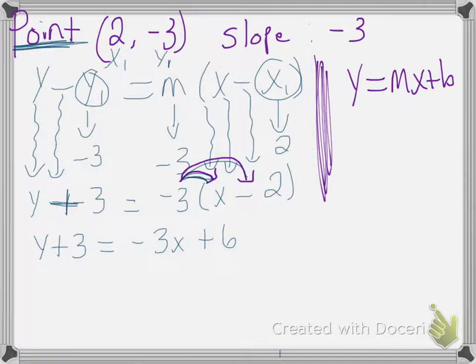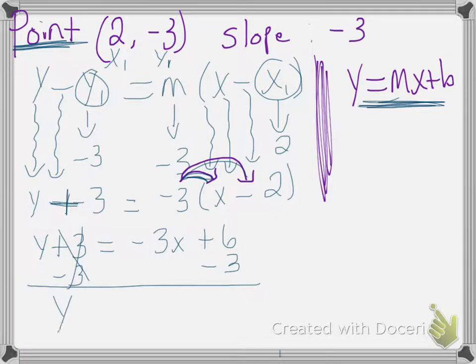Okay, so remember, we want to make it look like this over here, and we're almost done. What we need to do is move the +3. That way the y stays by itself. How do you move +3? We subtract 3. Now, the question is, do you put the -3 with the x or with the number? We put it with the number. The x you can leave alone. So -3 over here. This goes away.